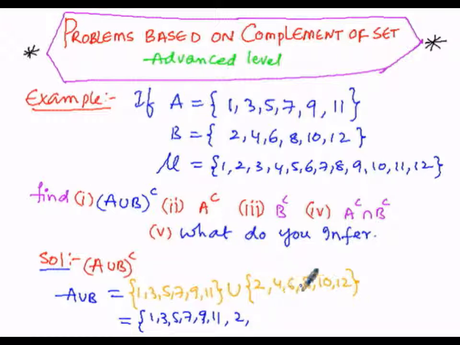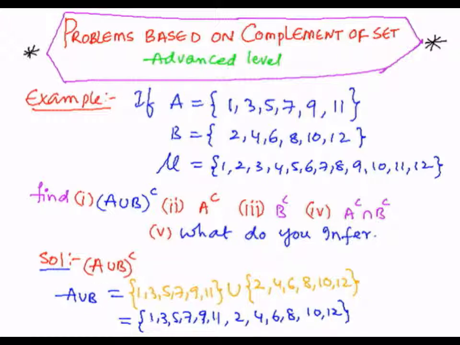Similarly 4, 6, 8 are not present here, so we can include them. 10 and 12 are not here either, so we can include them too. That means we got the elements which are in the first set, the second set, or both, which gives us the set A union B. In this manner we got the elements 1, 2, 3, 4, 5, 6, 7, 8, 9, 10, 11 and 12 as the elements of A union B.